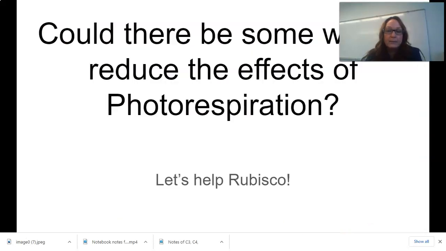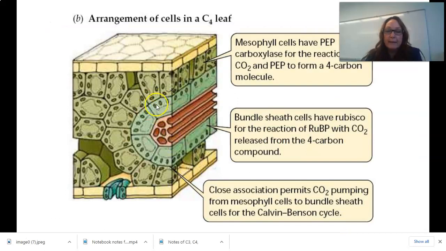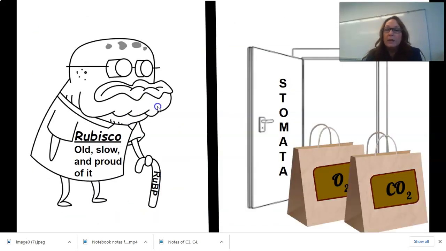But in the C4 leaves, you're going to see that these bundle sheath cells have chloroplasts. So we have this ability to separate the process of the Calvin cycle and move it to the bundle sheath cells and only let the mesophyll cells be exposed to the gases that come in through the stomata.